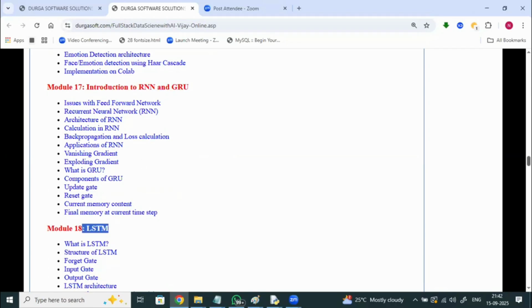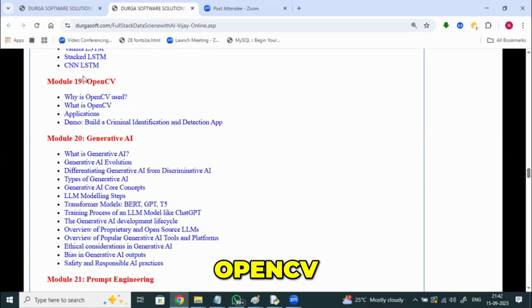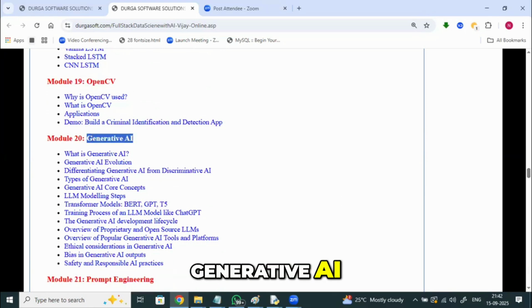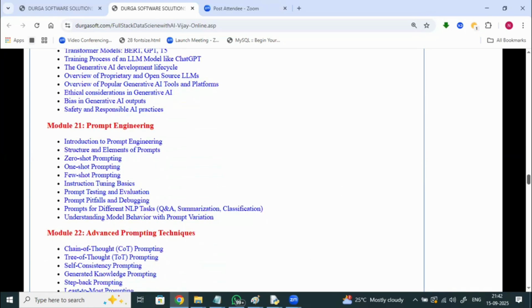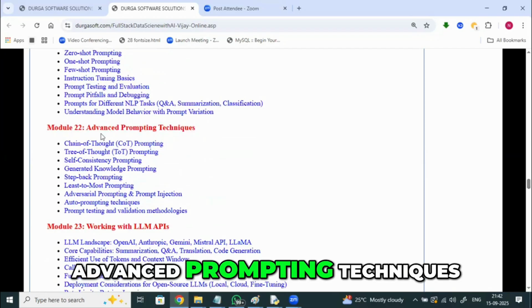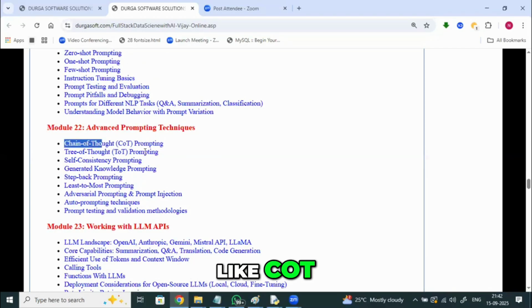LSTM, OpenCV, generative AI, prompt engineering, right? Advanced prompting techniques like CoT, ToT, chain of thought, tree of thought, right?